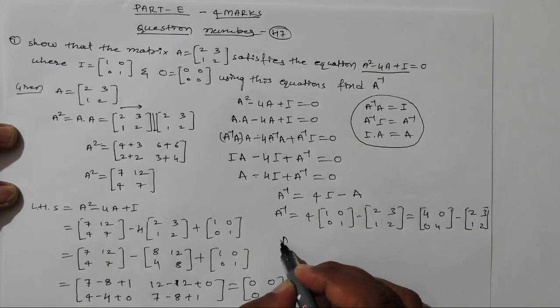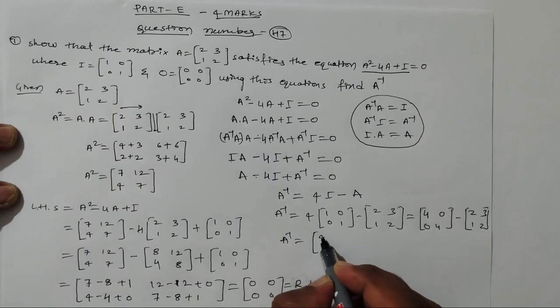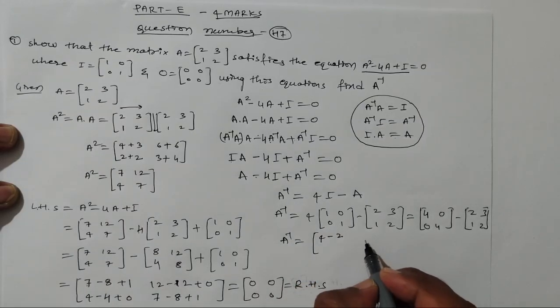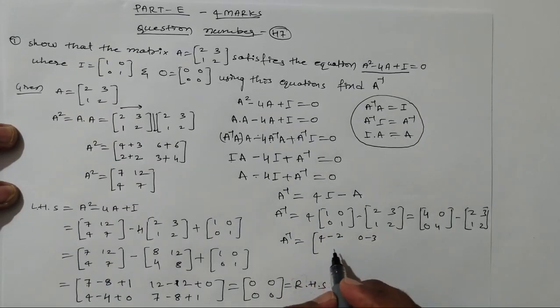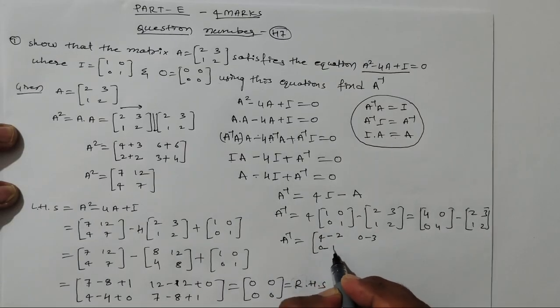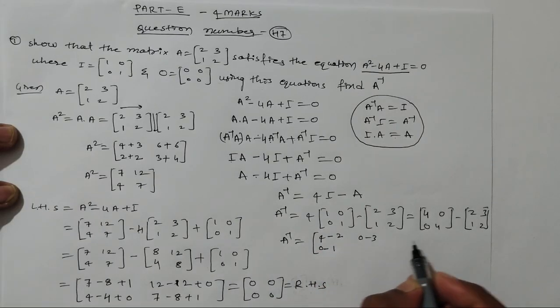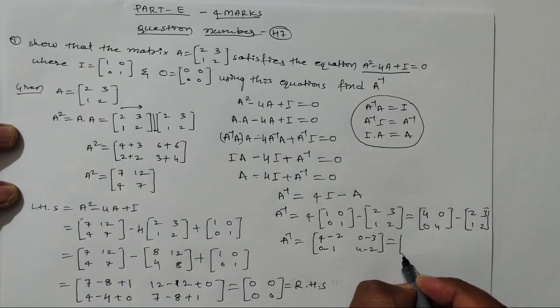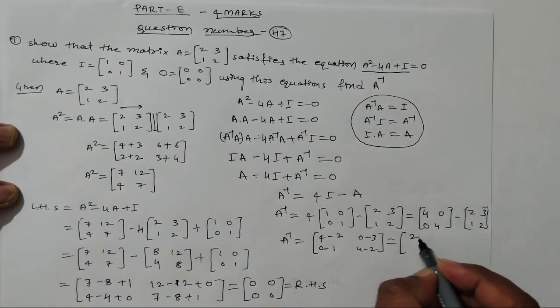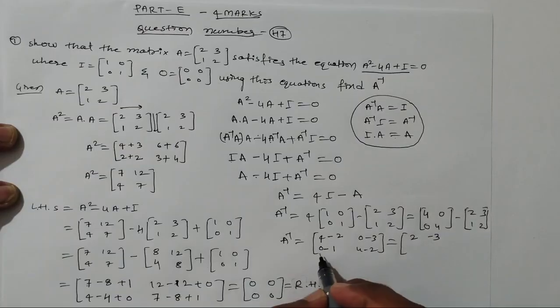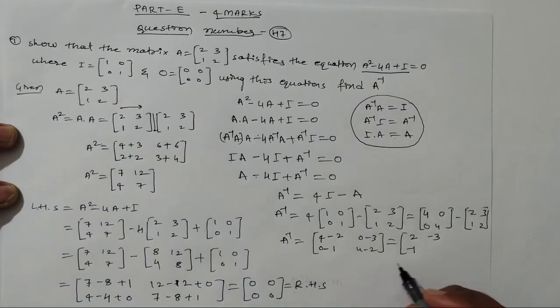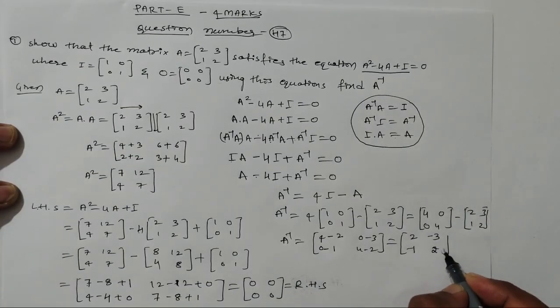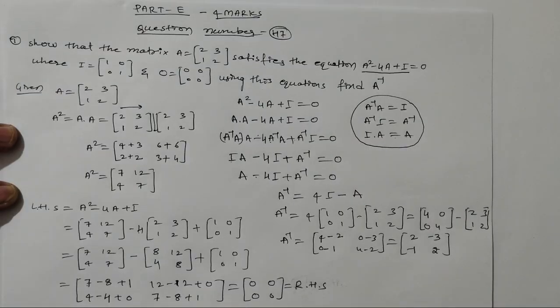That is [4 0; 0 4] minus [2 3; 1 2]. So A inverse equal to [4 minus 2, 0 minus 3; 0 minus 1, 4 minus 2], which is [2 -3; -1 2].